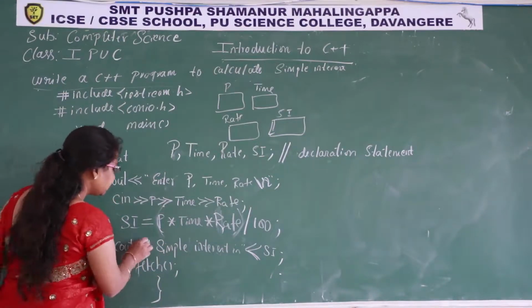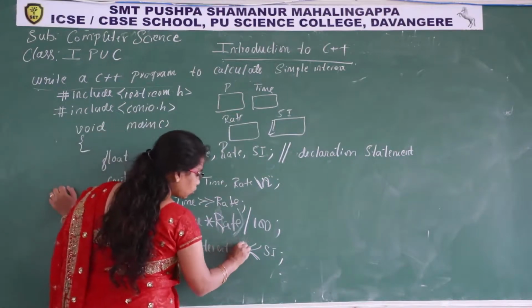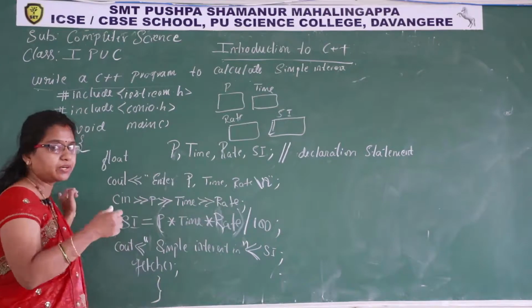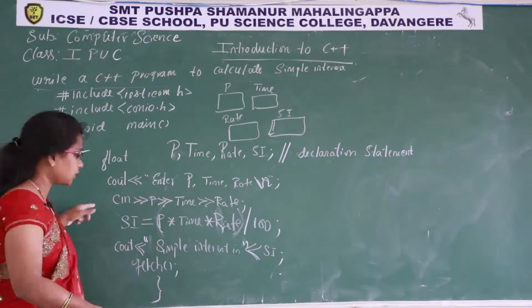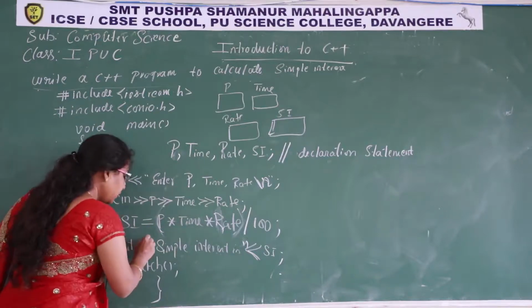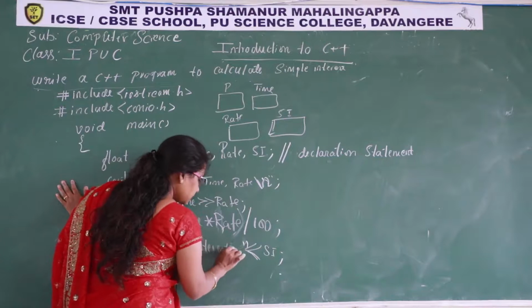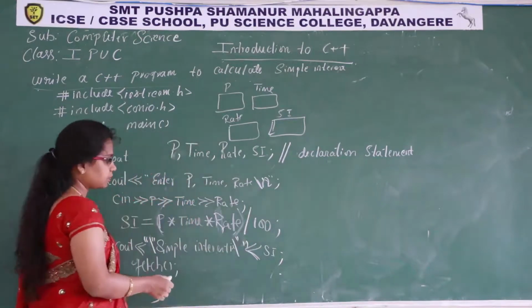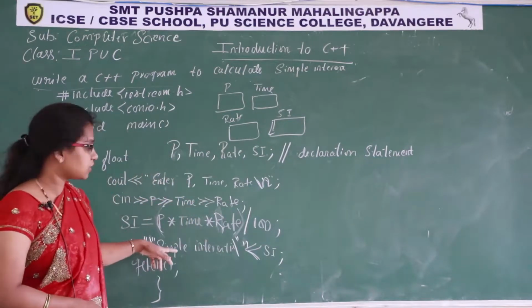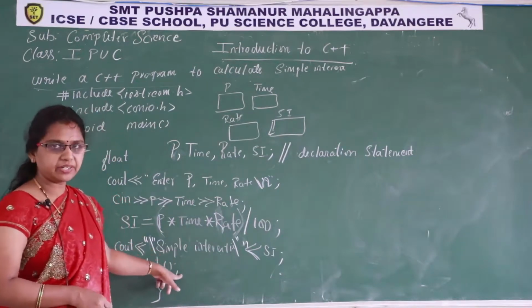According to the rules, whatever statement you want to display should be in double quotes. But I want to display this statement within double quotes itself. That's why backslash double quotes here, and here also backslash double quotes. We already discussed this concept in escape sequences, so I have implemented it here.